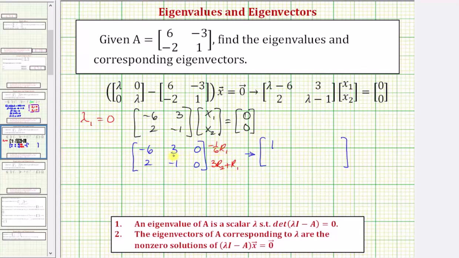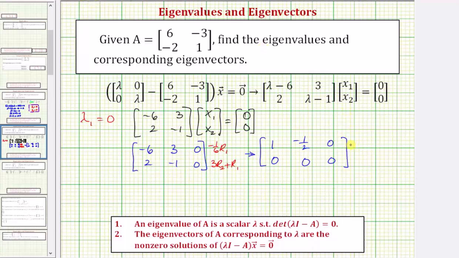Negative 1/6 times 3 is negative 1/2. And then negative 1/6 times 0 is 0. And now for row 2, we'll have 3 times 2 plus negative 6, that's 0. And then 3 times negative 1 plus 3 is also 0. And 3 times 0 plus 0 is 0. Notice how we have a row of zeros, which means there's an infinite number of eigenvectors.